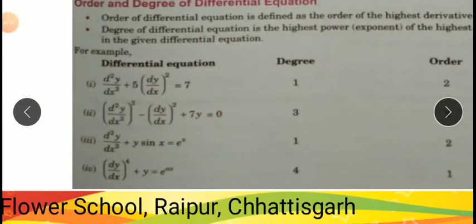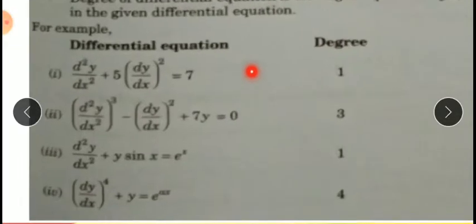Refer to the examples. See here, this differential equation: d2y by dx2 plus 5 dy by dx whole square is equal to 7. You can see here this is dy by dx, which is first order and its power is 2. But d2y by dx2 is second order, the highest order.